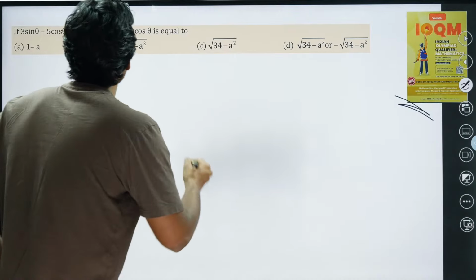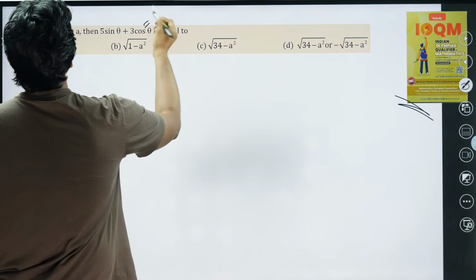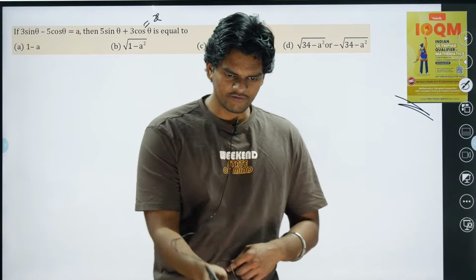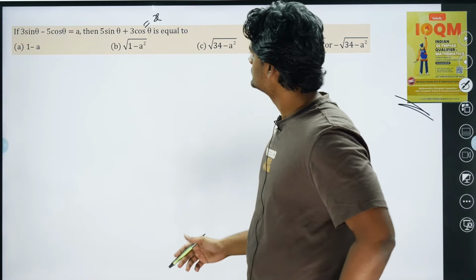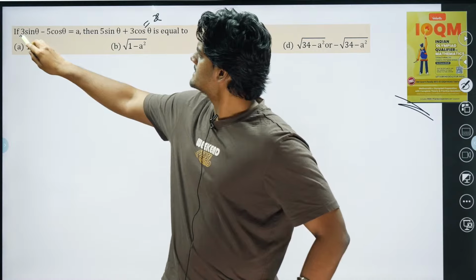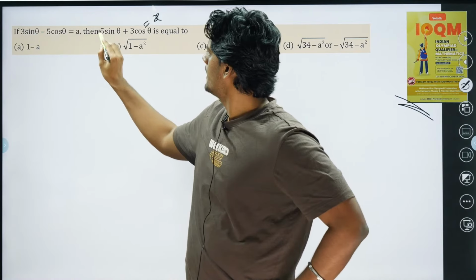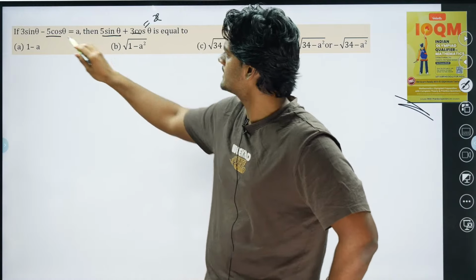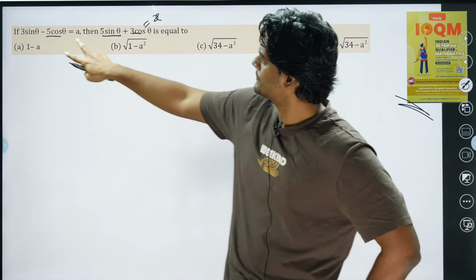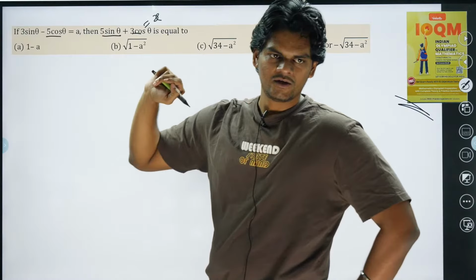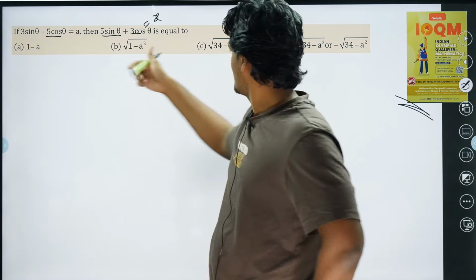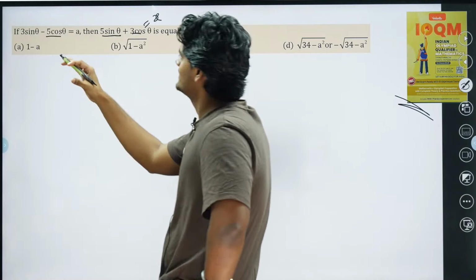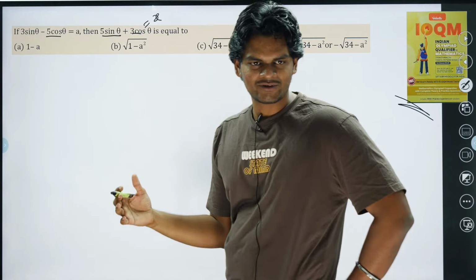So let's take this value to be some x. Now we see that it is 3 sin theta and 5 sin theta here, 5 cos theta and 3 cos theta here, and there is a minus, there is a plus. So if you see, the product is the same. If I somehow get the product, then it cancels out.